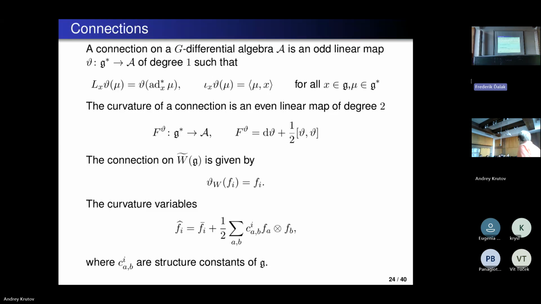Sorry, can I ask? Yeah. If you take forms on a Lie group, it's a G differential algebra. Yes. Is a connection just a connection on it? There cannot be any cubic part of the moment map, because you have an odd linear map. It will not happen. But what connection do you want to start with?